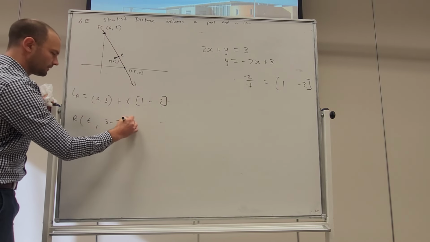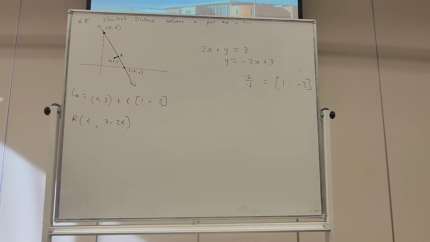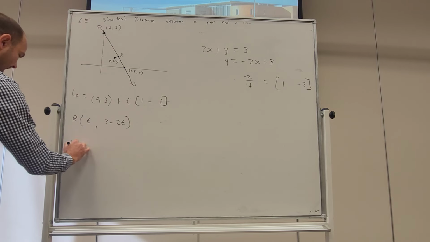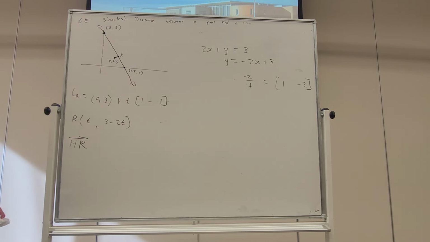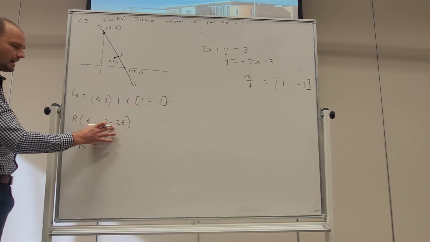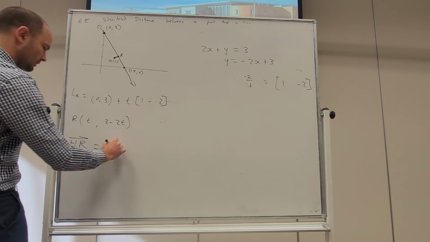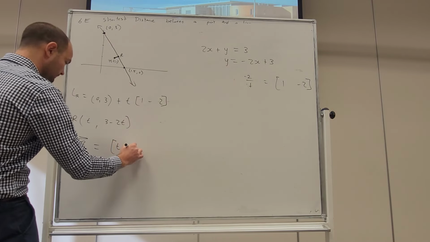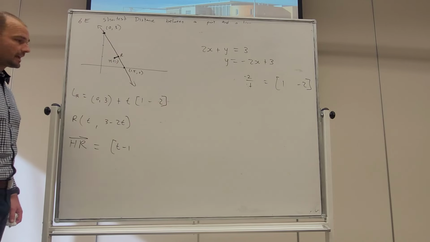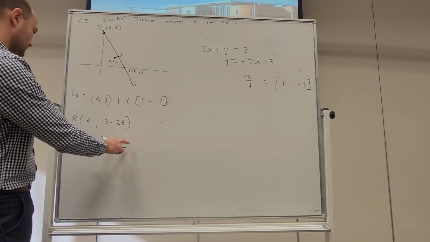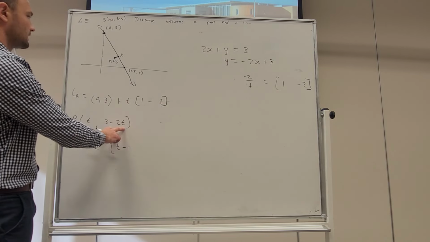For some value of t, R lies on the line. We're trying to identify the value of t that makes it true. So this means vector HR from the house to the road: coordinates of R take the coordinates of H. So we'll have t take 1 for the x component, and we've got 3 take 2t, take 1, 2 take 2t.